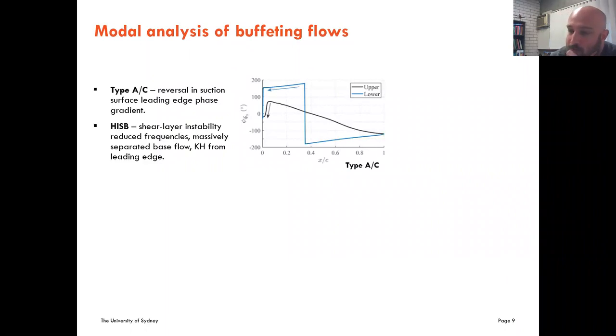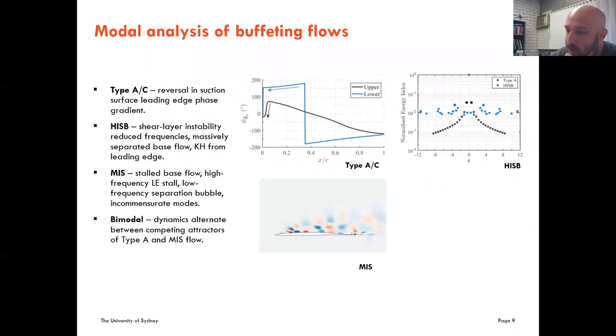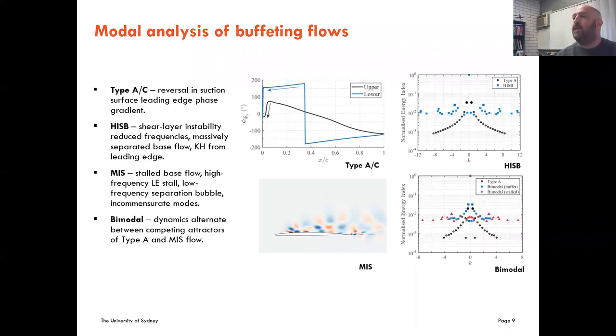Now, all these types of behavior, we like to look at them more from a structural dynamics type of background. So we look at the modal decomposition and look at how they actually behave.